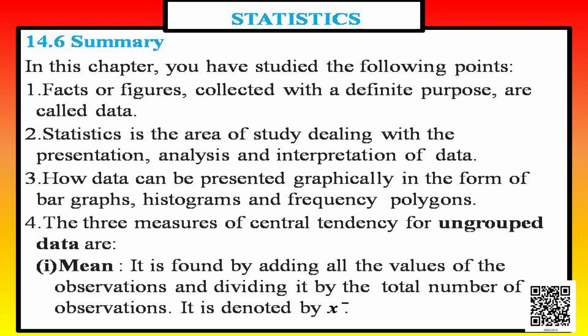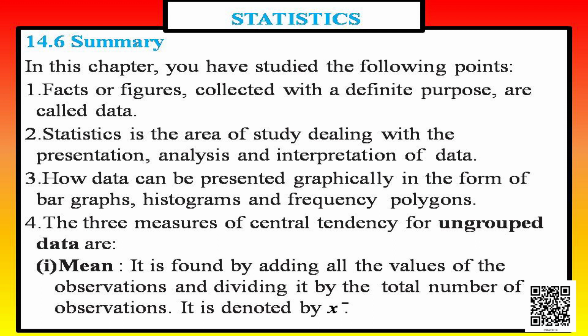So, students, what we have learned in this chapter, let us see the summary of it. First of all, facts or figures collected with a definite purpose are called data. Then second one is that statistics is the area of study dealing with the presentation, analysis and interpretation of data.